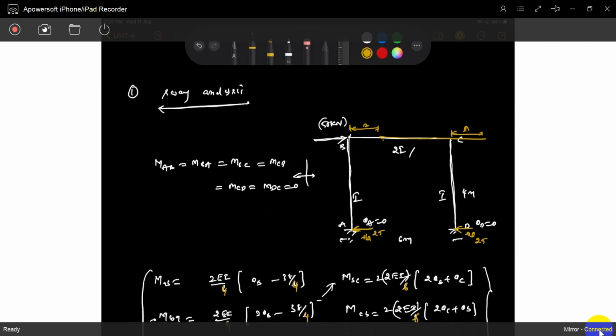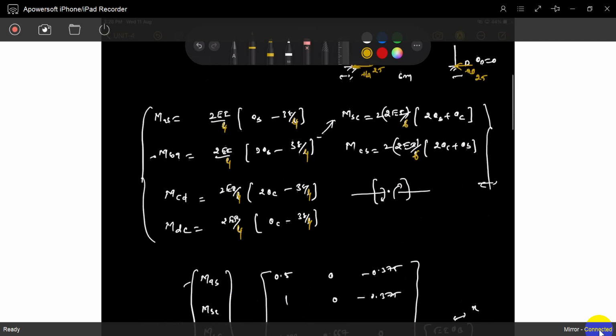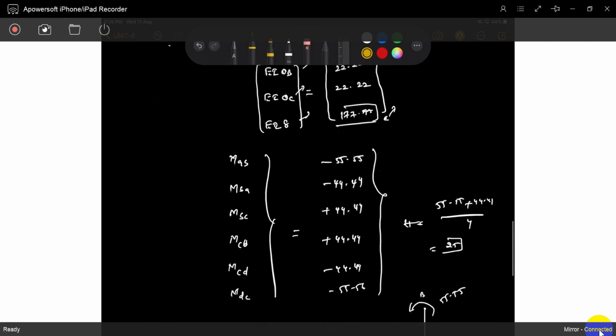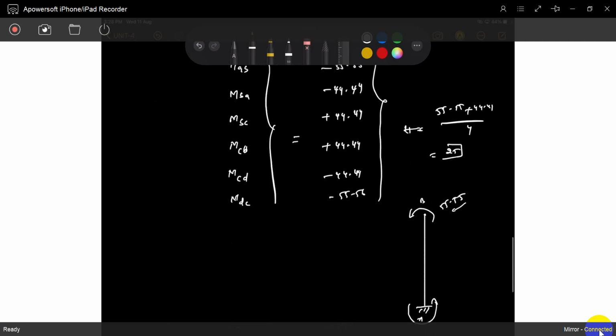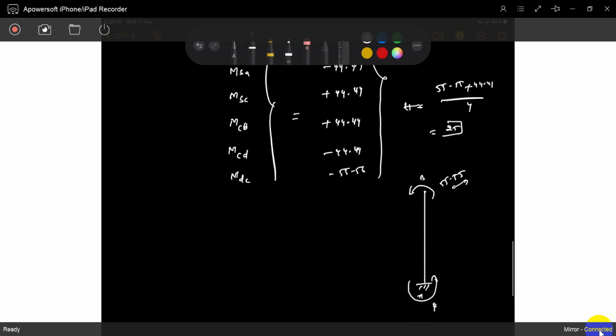It's 25. So it's not exactly 50 that is taken for the AB column. So 25 is taken by the AB column and 25 is taken by the DC column, the CD column. Understood? That is an external load of 50. So you can write this is 55.55, and this will get 44.44.